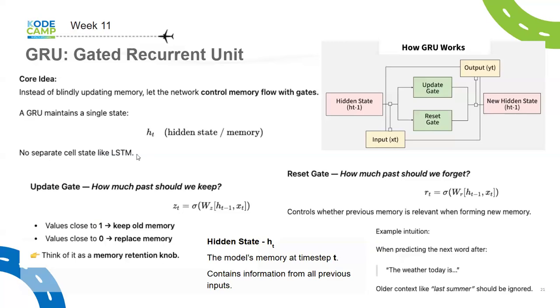So how the GRU works is that instead of blindly updating memory, the network can control memory flow with gates. So GRU will maintain a single state, that's the HT, the hidden state, right? And then the hidden state is combined with the input states, just like it was done for LSTMs.